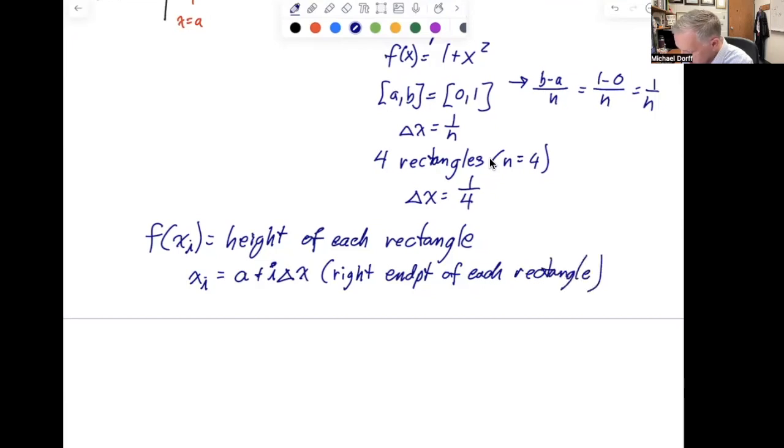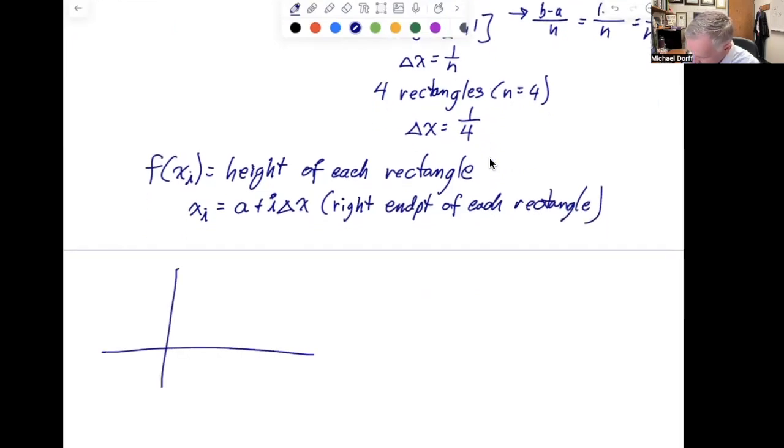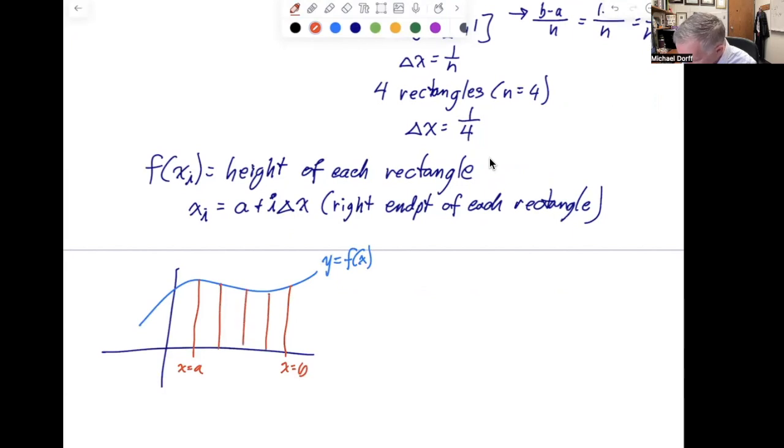So remember how we talked about that in my function here, y equals f of x, and I got my points here, a and b, x equals a, x equals b. As I draw rectangles inside here, I can either take the left-hand side or the right-hand side. If I take the right-hand side, I take the right value there, and that gives me my rectangle.